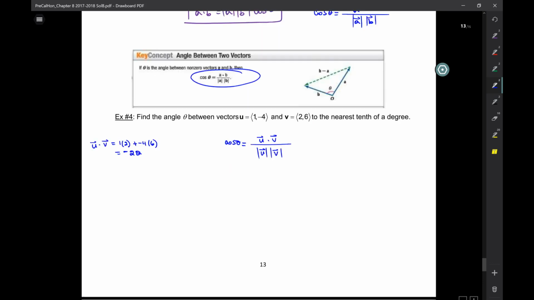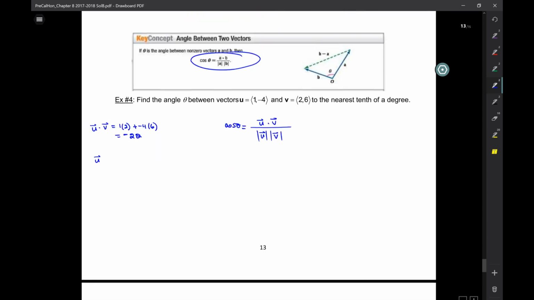Is that right? Okay, now, magnitude of u is the square root of 1 plus 16, 17. Magnitude of v is the square root of 4 plus 36, root 40. If that was going to be your final answer, you would have to simplify the root, but we're going to plug it all into the calculator, so don't waste time.